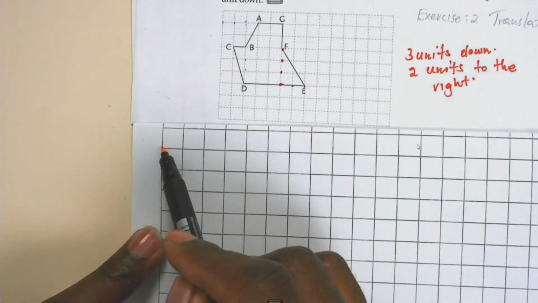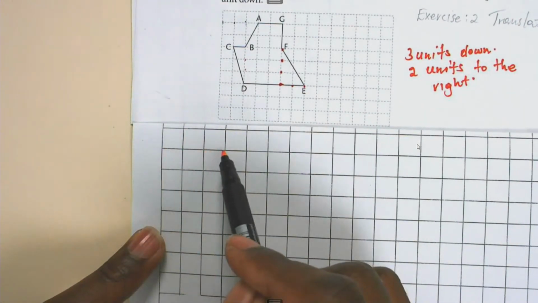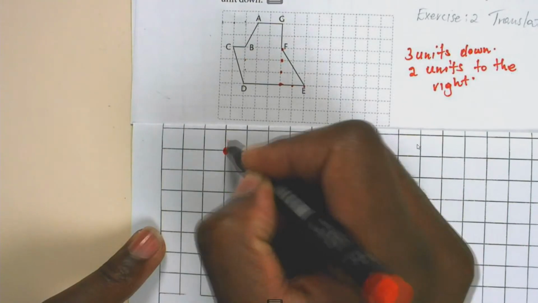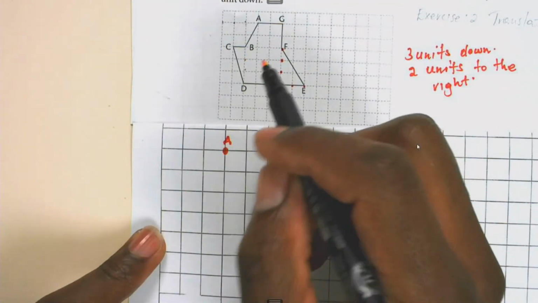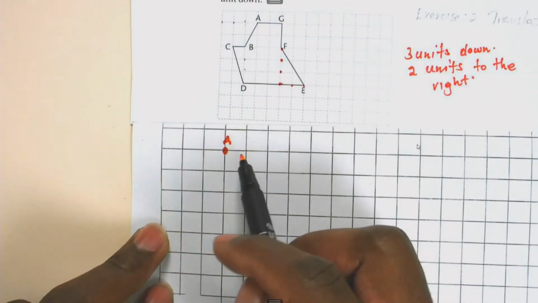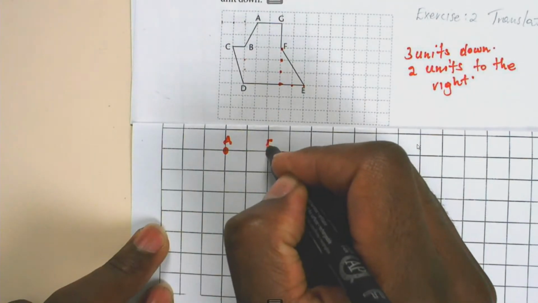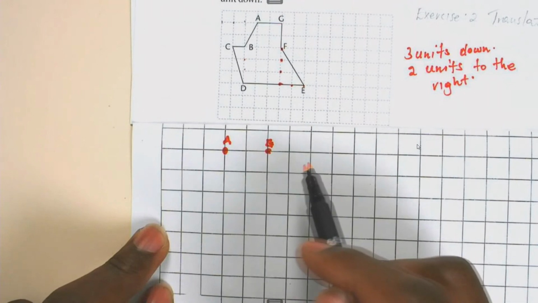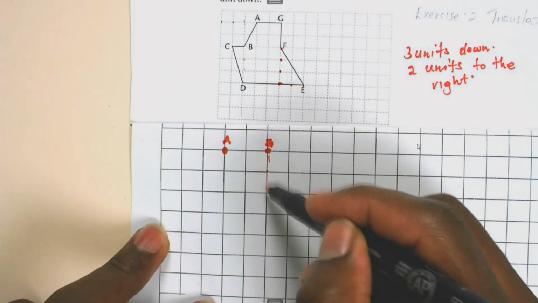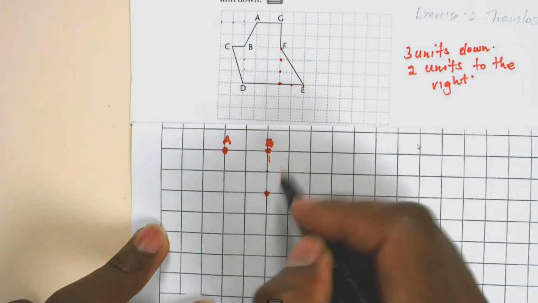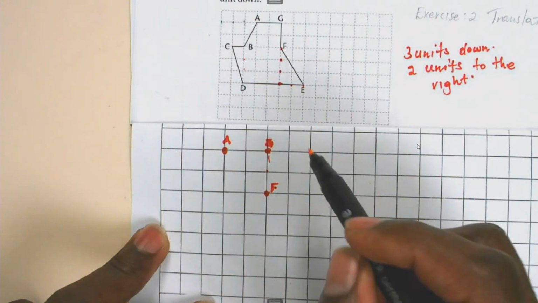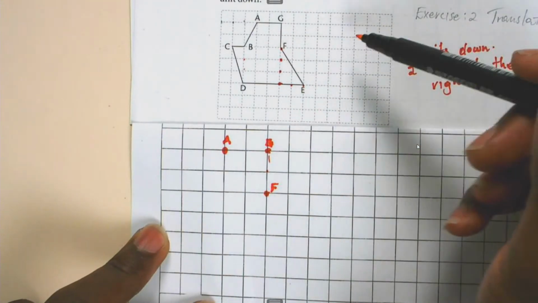And number 4 will be our point A. Then from point A to point G, it will be 1 and 2. This will be our point G. And from point G to point F, it will be 1, 2. Point F.